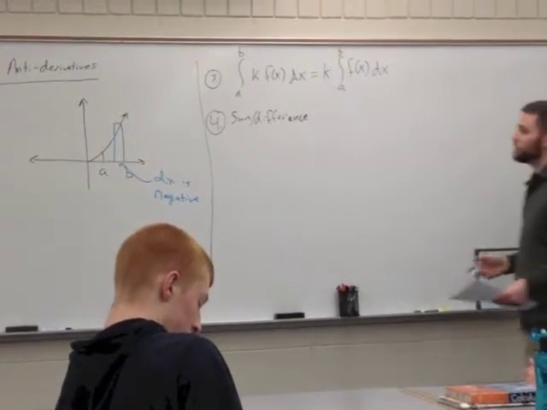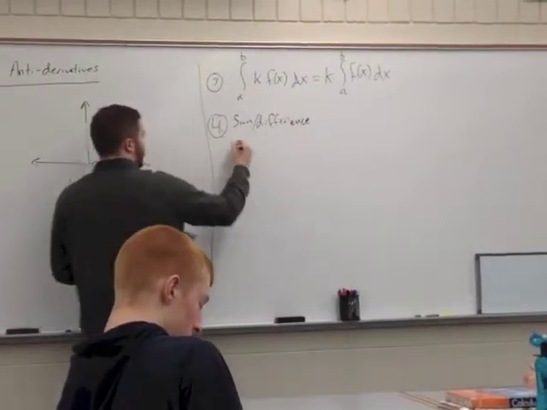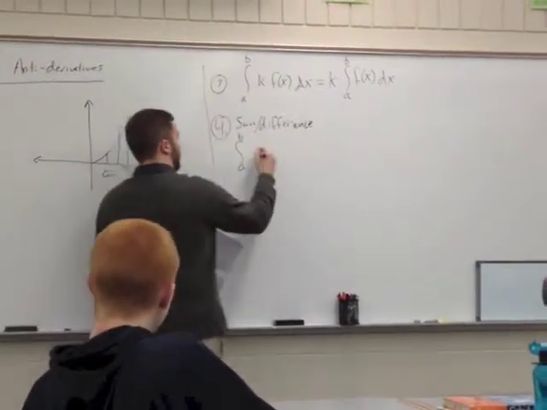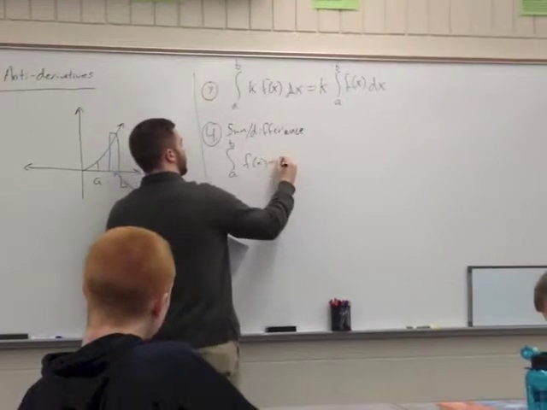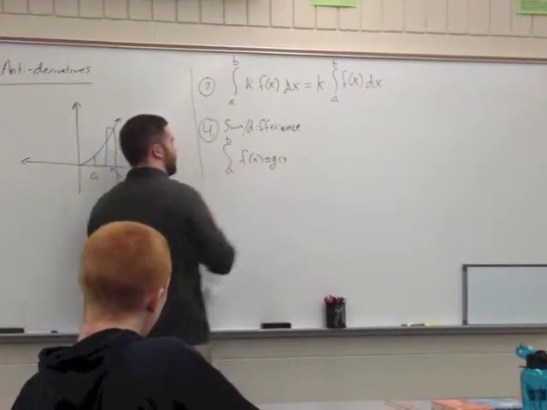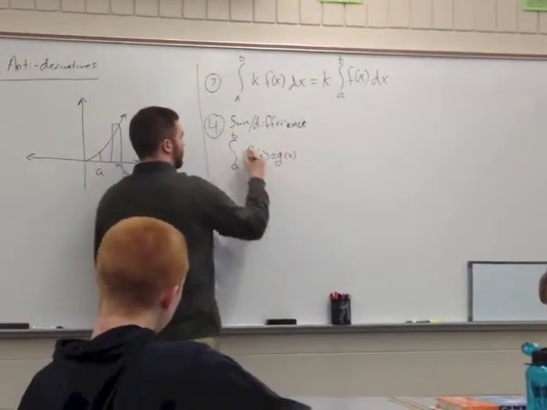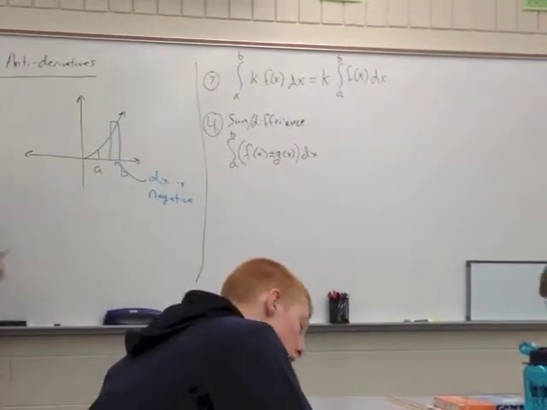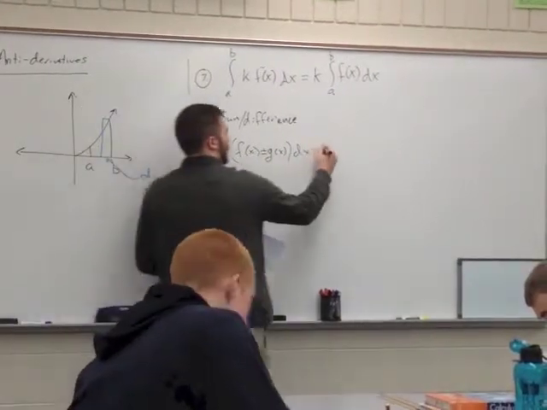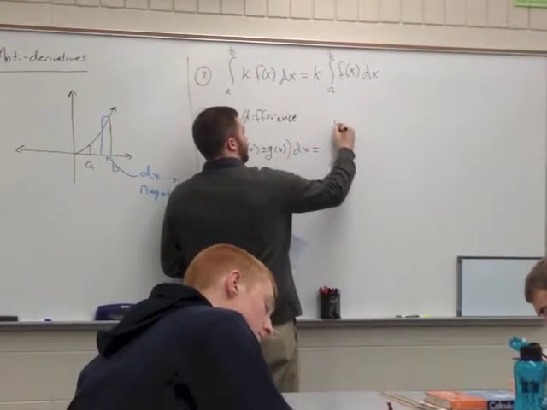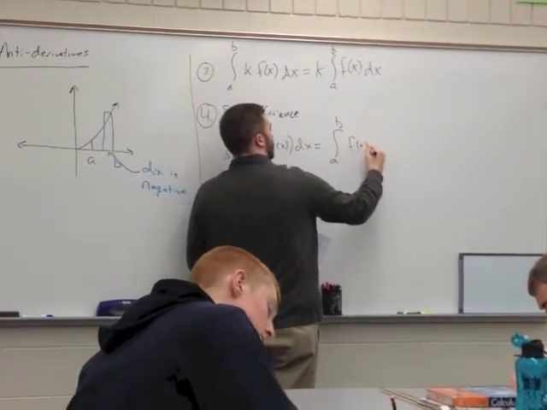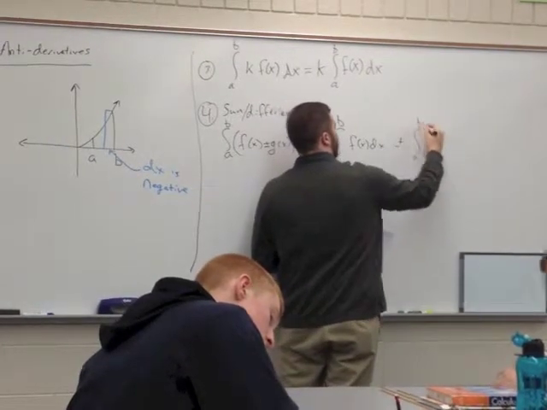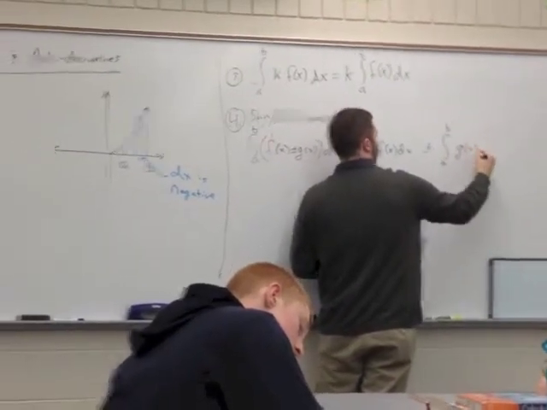And it says this, just like with limits, if I take the integral from a to b of f of x plus or minus g of x dx, that is the same as the integral from a to b of f of x dx plus or minus the integral from a to b of g of x dx.